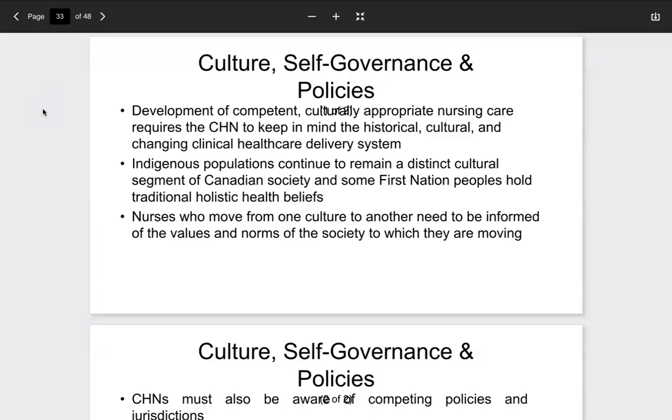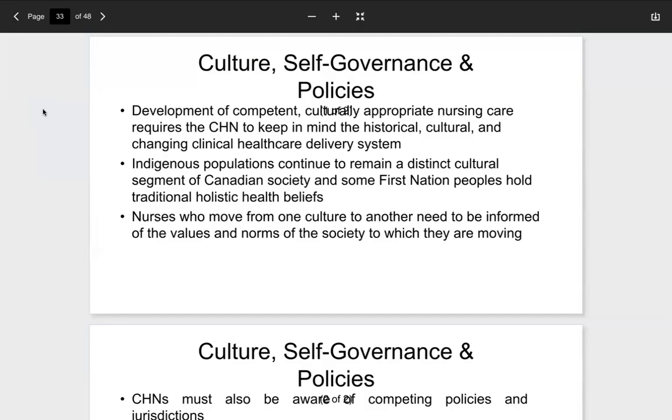Indigenous peoples continue to remain a distinct cultural segment of Canadian society, and there are many First Nation peoples that do hold traditional holistic health beliefs. So have that conversation with your client: how do they identify? Is there a particular cultural group from the Indigenous population that they identify with?